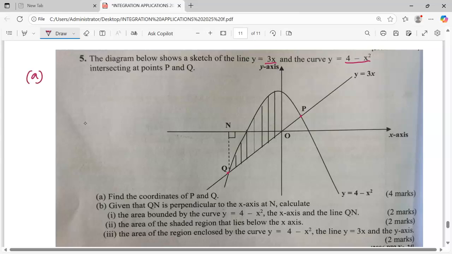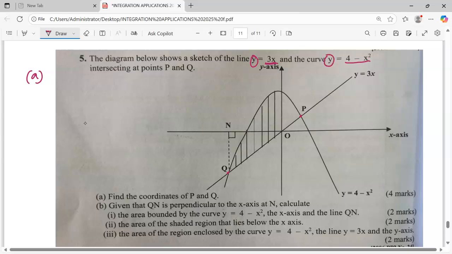To find the coordinates of point P and Q, remember the line and the curve are intersecting at points P and Q, and therefore, for us to find the coordinates of P and Q, we are going to take the line, which is 3x, and the curve, which is 4 minus x squared, and equate the two, since this is y and also this is y.